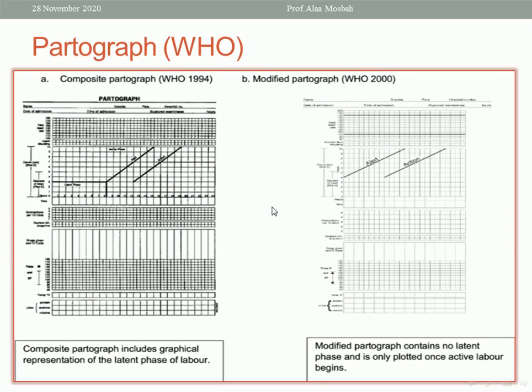Another difference is that the active phase here started from 4 cm dilatation of the cervix, while the active phase here started from 3 cm dilatation of the cervix. Other minor changes: this square is 1 hour, and this square is divided into 2 small squares, and both small squares together are considered 1 hour.